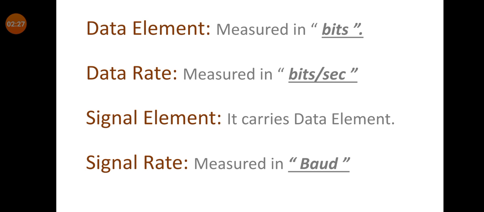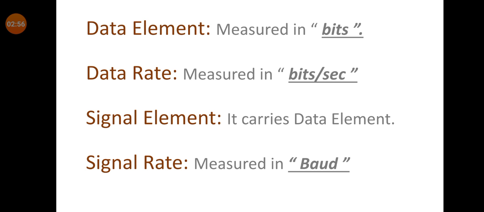So the smallest unit of that complete digital signal we call a signal element. Clear? The signal element carries the data element. Okay, the next concept is signal rate.